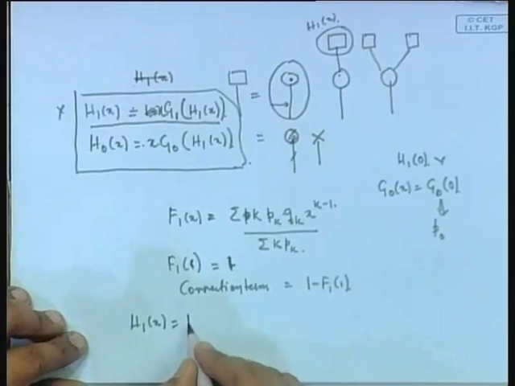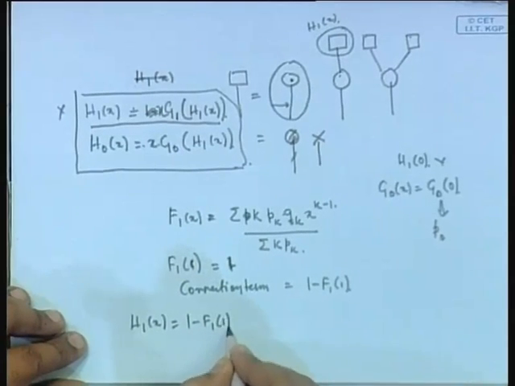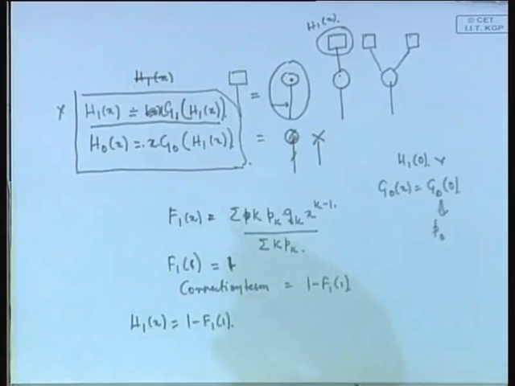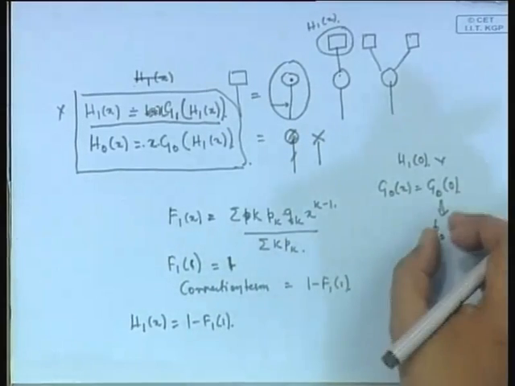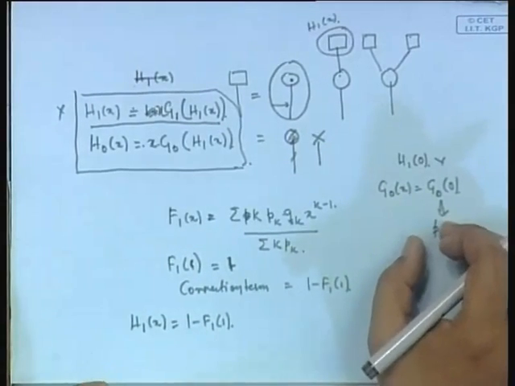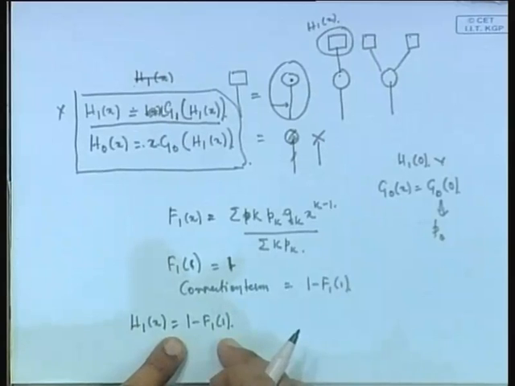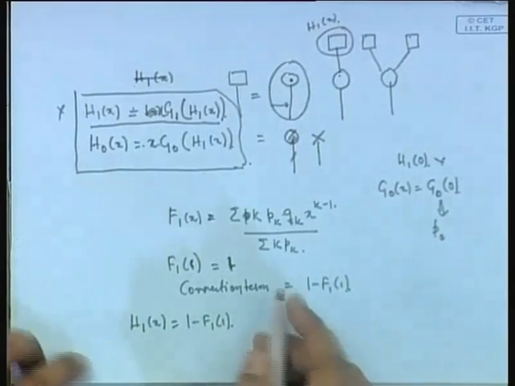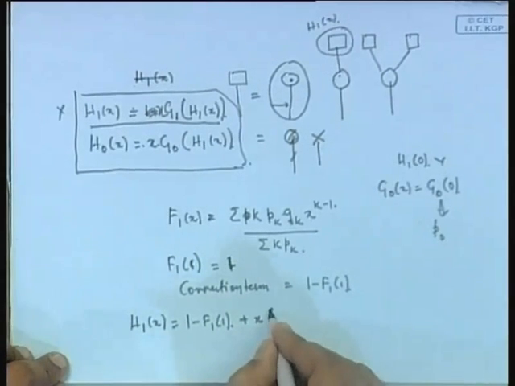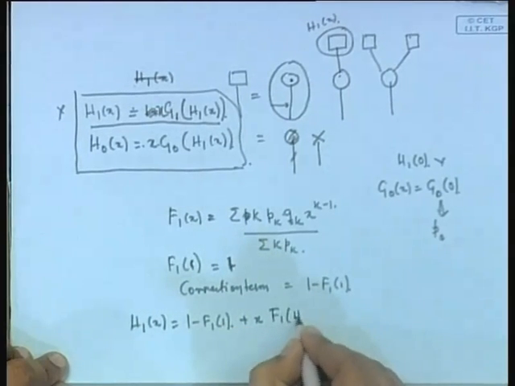So, then I have this correction factor. What is the probability that the component size will not be 1? Means this p0, if I want to say, that is 1 minus f1(1) plus x. Now, I do not write g1, I write f1(h1(x)).